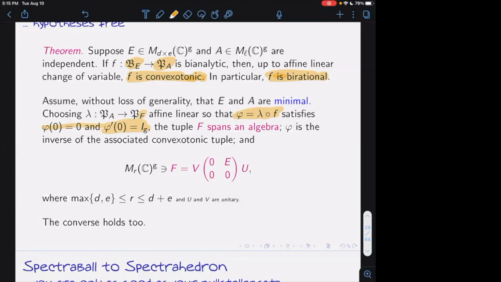Then we get a new tuple F, and the tuple F is related to the tuple E in this way, where B and U are unitary matrices. So the tuple F just looks like the tuple that would define a spectral ball, up to a unitary U on one side and a unitary B on the other. These statements are if and only if; it's not hard to see that the converse is true as well.